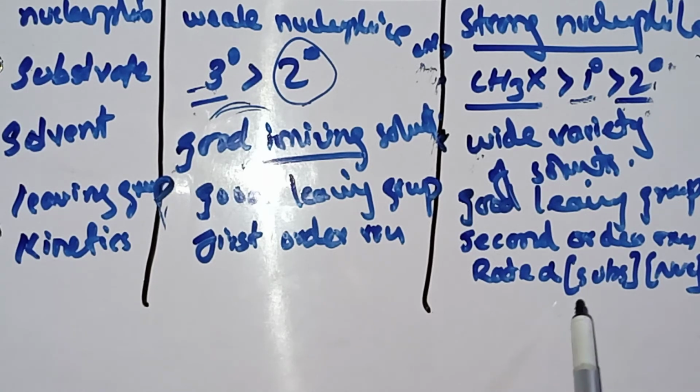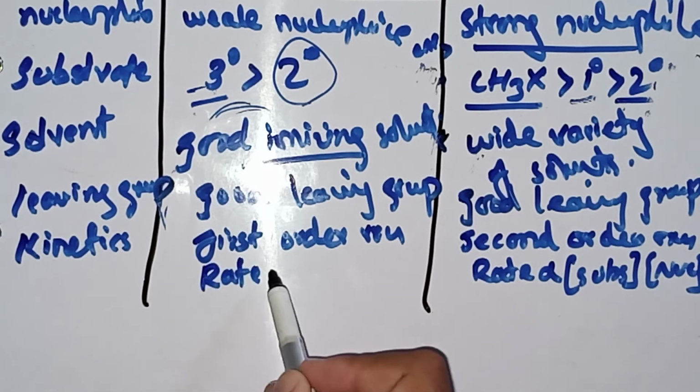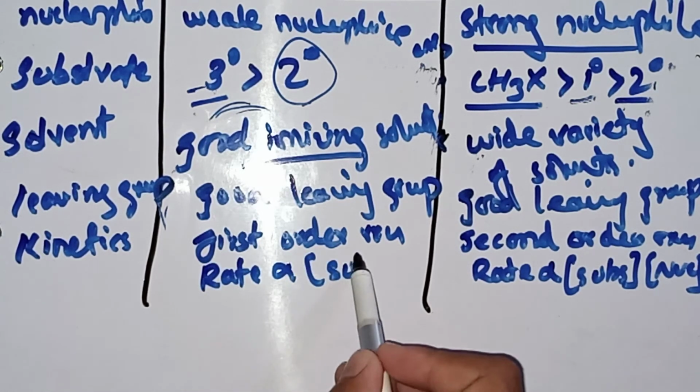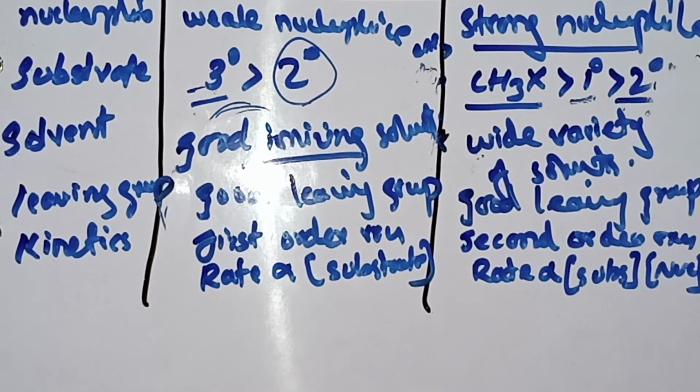So the rate of the reaction depends on each molecule to the power of 1, so the net result is a second order reaction, while in a first order reaction the rate only depends upon the substrate. So these are the kinetic differences between SN1 and SN2.